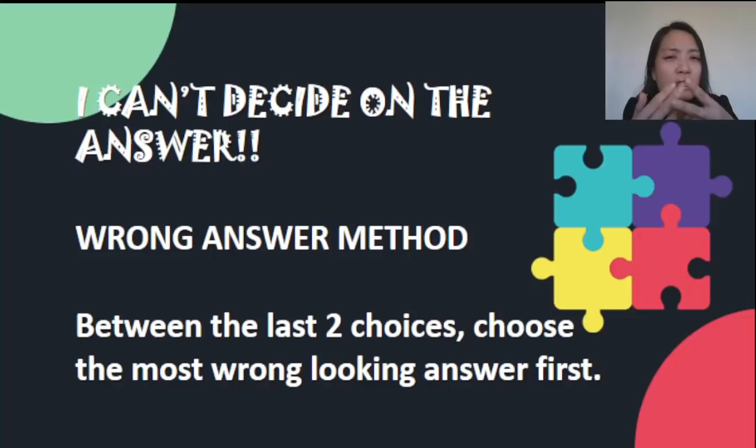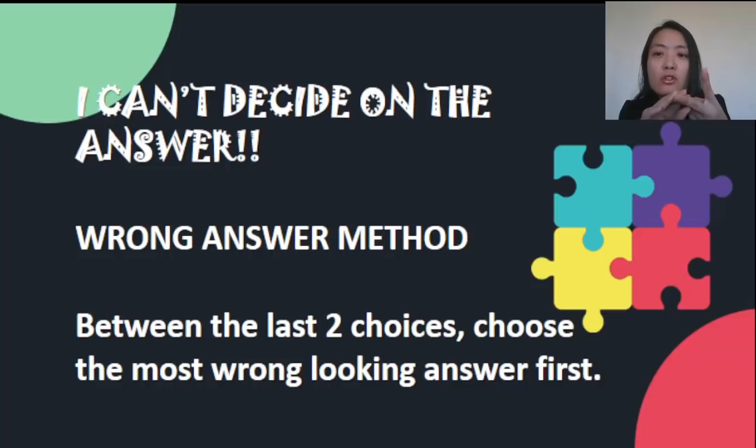Which one looks more funny and weird? So maybe you think, okay, I think this one looks more funny and weird. So maybe the other option also looks not so correct to you, and you're also not sure. But since this one looks more wrong, then I think the other one must be the answer. So you select the answer that is left.